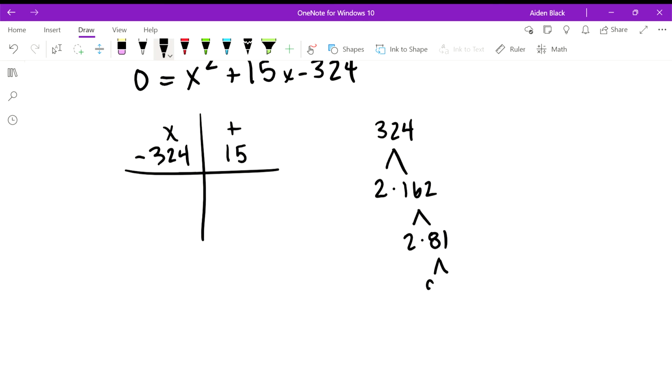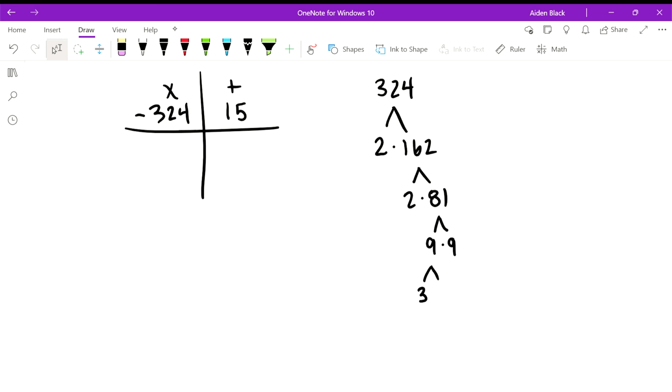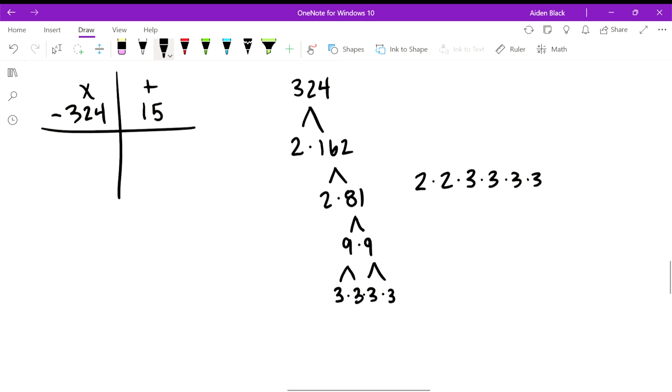And then 81 breaks down to 9 times 9, which breaks down to 3 times 3 and 3 times 3. So this is called prime factorization. We have 2 times 2 times 3 times 3 times 3 times 3.